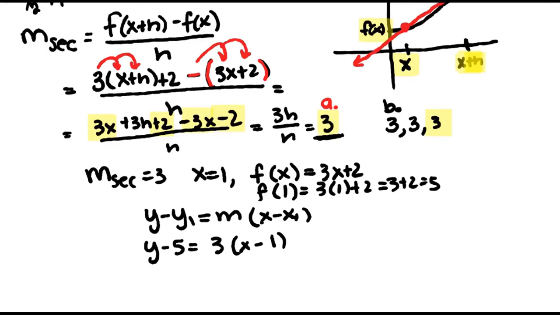I'll use the distributive property on 3 to get 3x minus 3 and add 5, and this gives y equals 3x plus 2. y equals 3x plus 2 is the equation of the secant line.